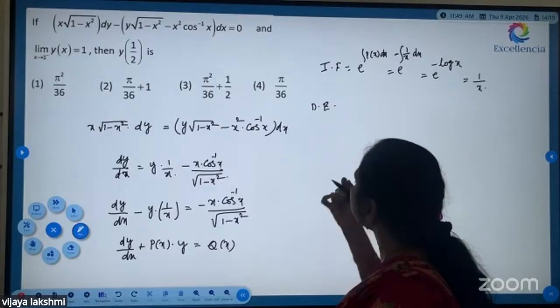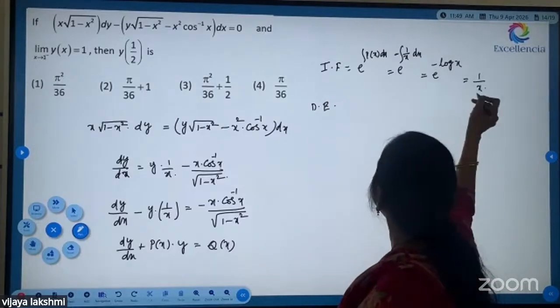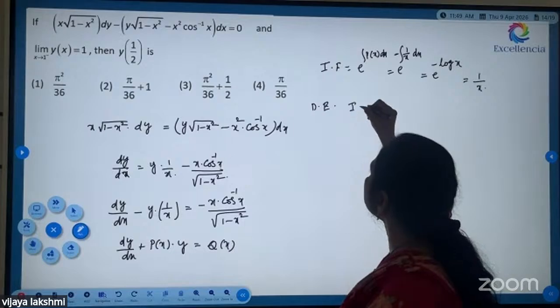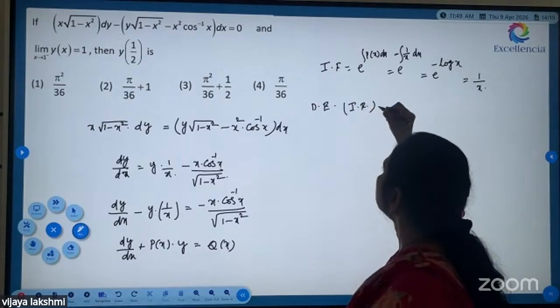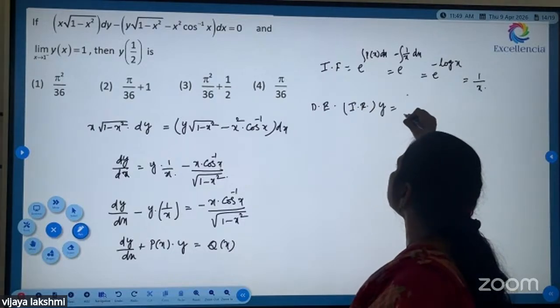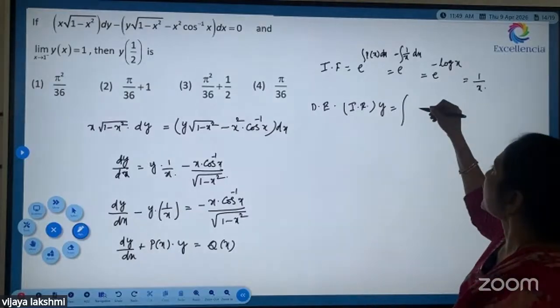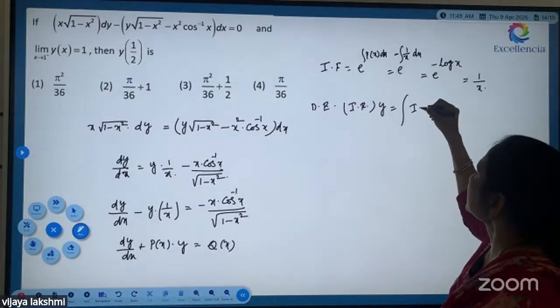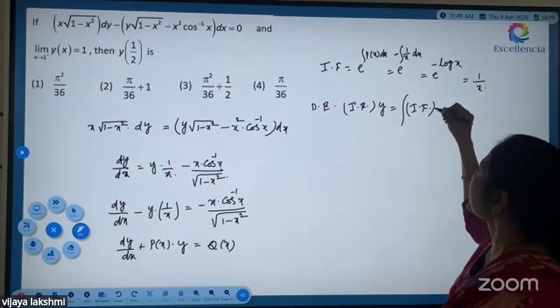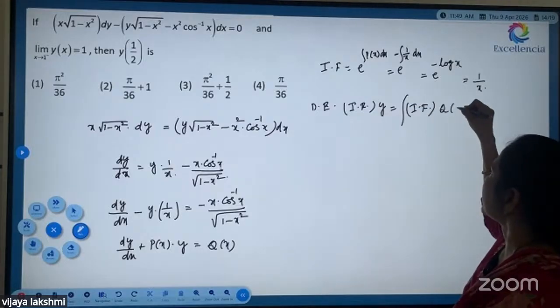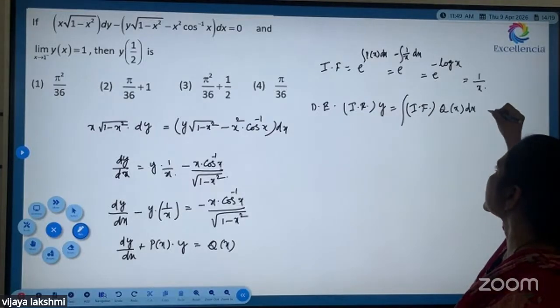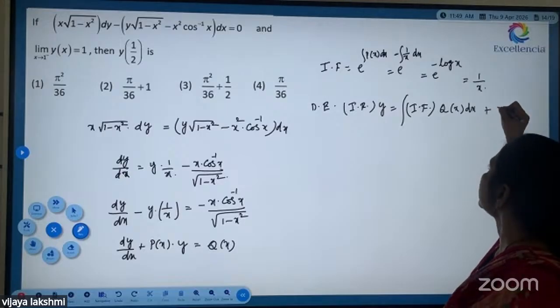The differential equation can be written as y times the integrating factor is equal to the integral of the integrating factor into q of x dx plus c.